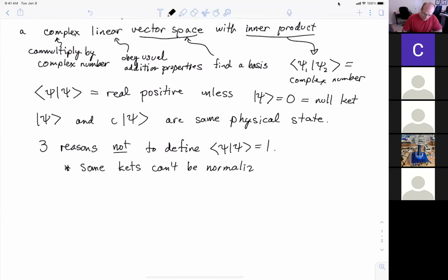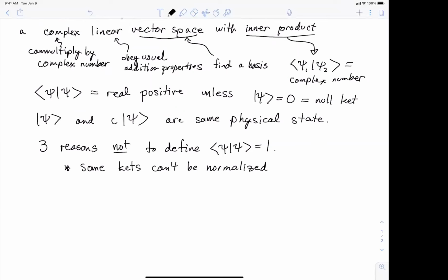And so examples of kets that can't be normalized are, I'm going to turn off my video here. Some kets that can't be normalized include eigenstates of momentum and position. So those are idealized states. They don't actually exist as physical states because they don't have finite norm.